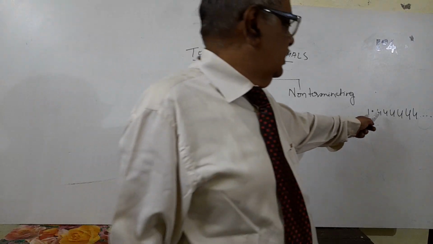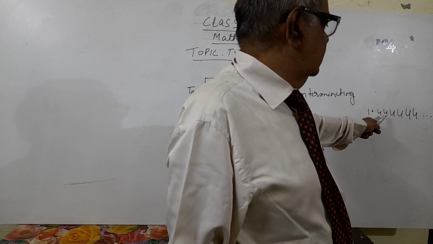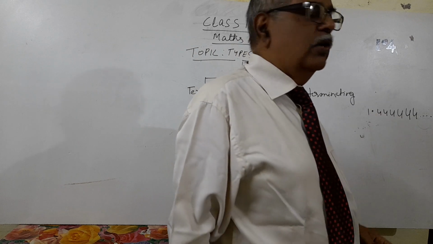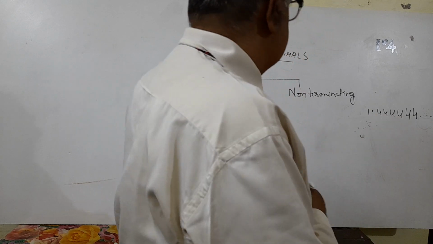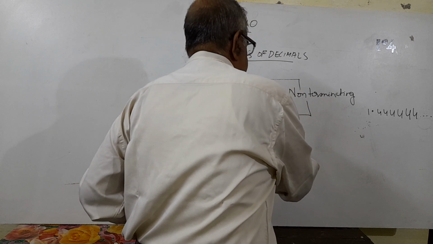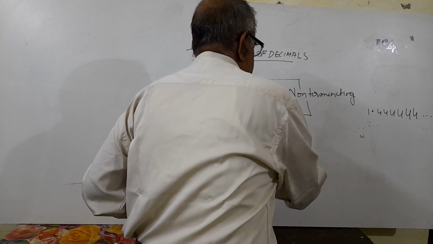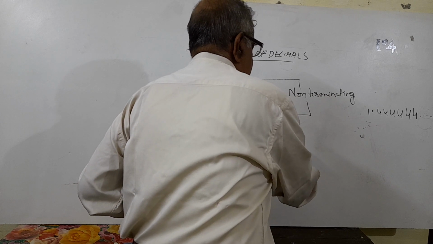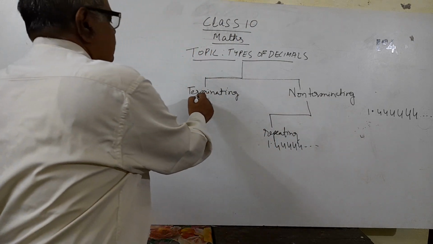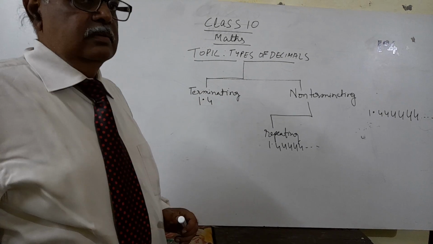In this decimal, what we are observing is that in this non-terminating one, 4, 4, 4, 4, the 4 is repeating itself. So non-terminating decimal can be of repeating type, like 1.4444 and so on. Terminating, as we have just seen, is 1.4, the example.